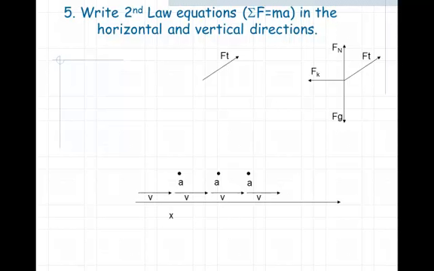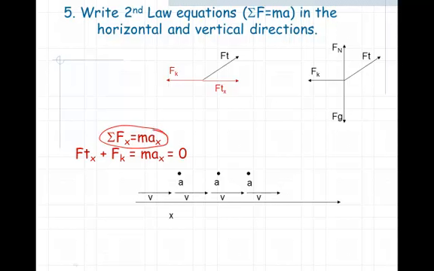Then we write the second law equations in the horizontal and the vertical. So let's look at the horizontal first. We write out Newton's second law in the horizontal, which looks like that. The sum of the forces in the x equals the mass times acceleration in the x. And we identify just the horizontal forces. The horizontal forces are Ftx and Fk.